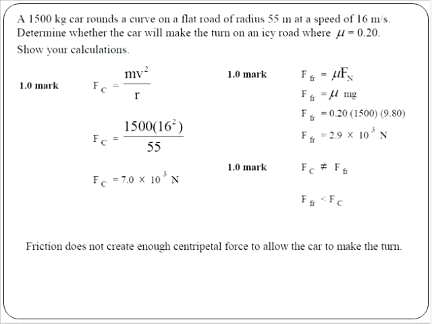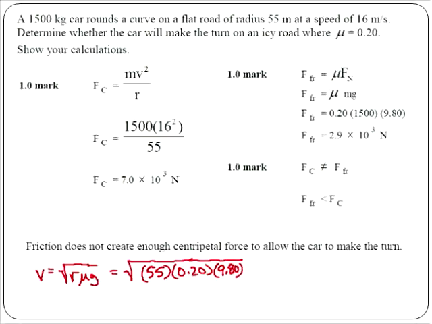Okay? Now we could actually figure out what the maximum safe speed would be if we wanted to, right? We could use this expression. Just watch, I could have done it this way. I could have said v equals the square root of rug. Remember that one? v equals the square root of r, the radius, 55, mu, the coefficient of friction, 0.20, g, 9.80.